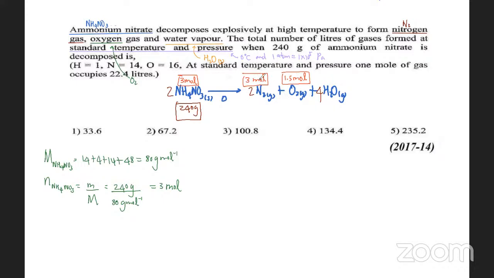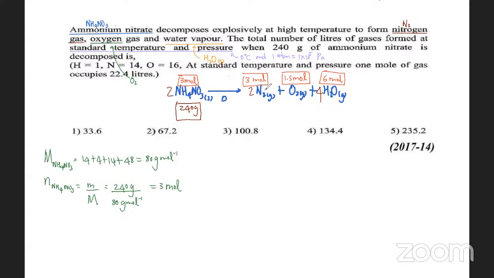When you multiply 4.5 by 22.4, what answer do you get? 100.8. If I take water also, how many moles of water will be formed then? 3 moles means 2, here 4, so it's a 1:2 ratio. If 3 moles of ammonium nitrate is reacting, 6 moles of water is going to be formed.